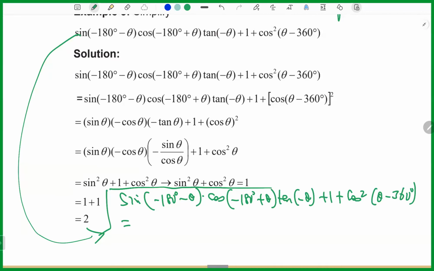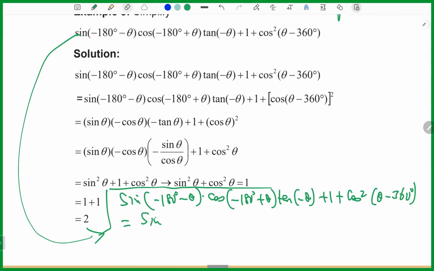So this -180 minus theta is actually a negative angle, and we have spent time on it and realized that it is an angle in the second quadrant. In the second quadrant the sine is positive, so this becomes just sine theta.